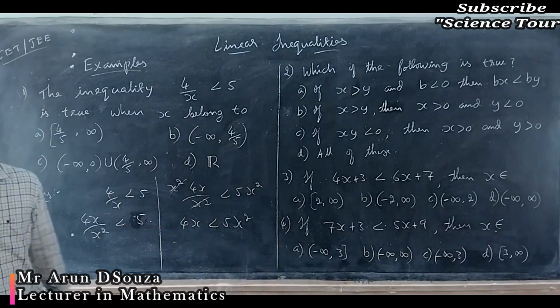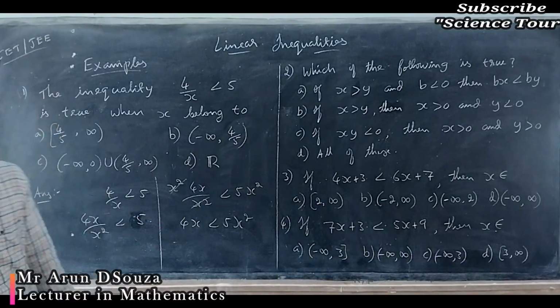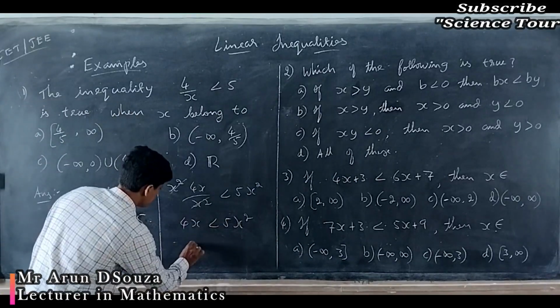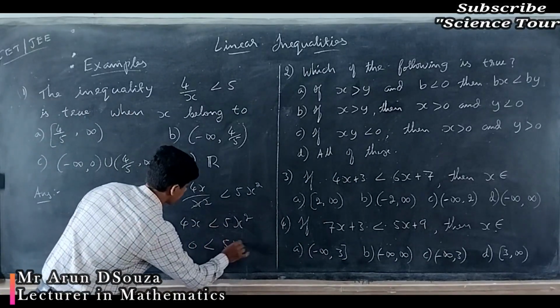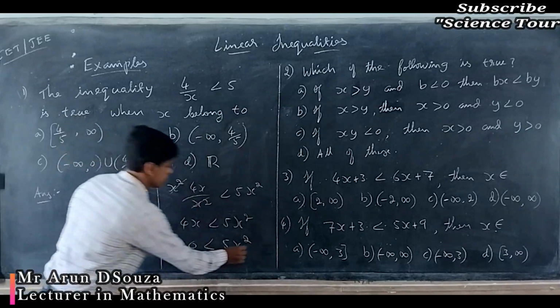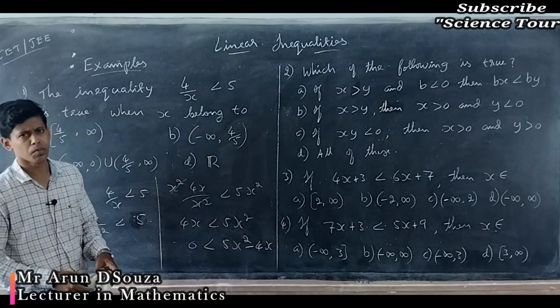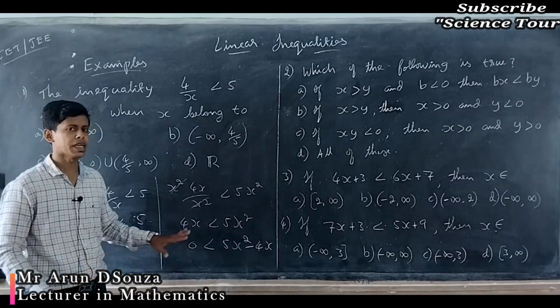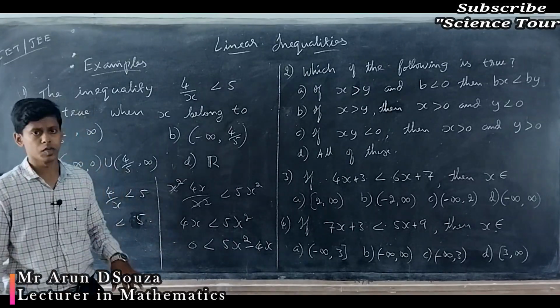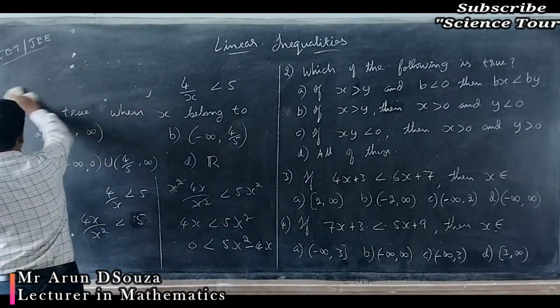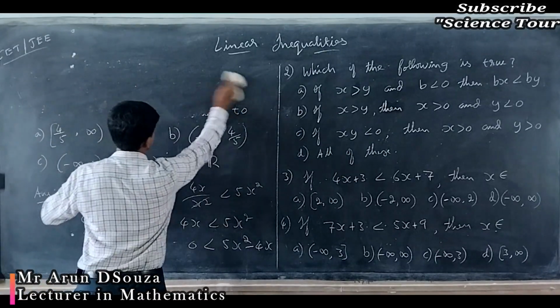Now continue with this inequality and get the values of x. Alright, so what you can do is take this to the other side. Adding or subtracting a negative or positive quantity does not matter at all. Only while multiplying or dividing by a negative, you have to be careful. The inequality changes.